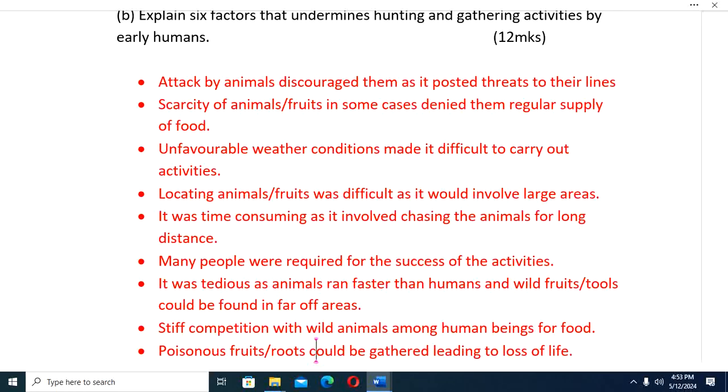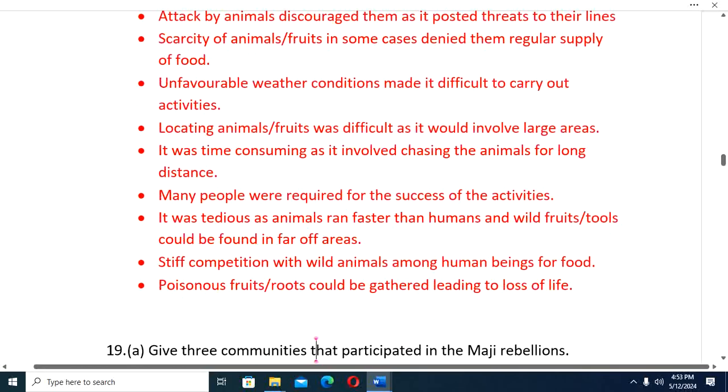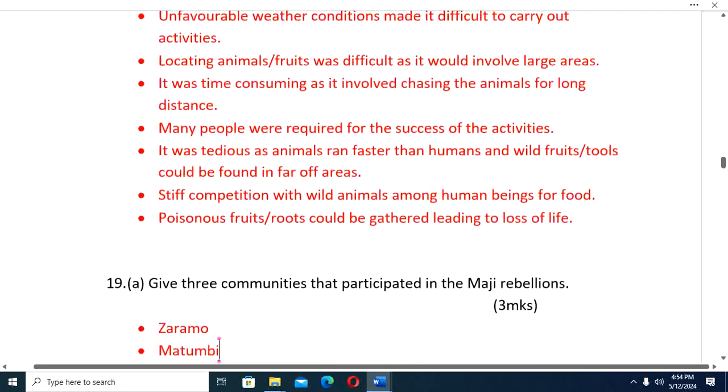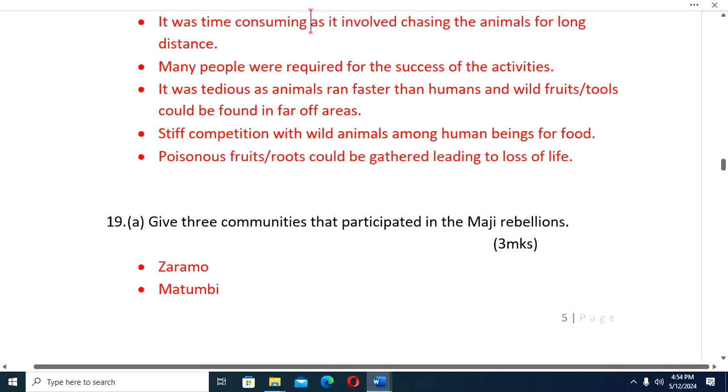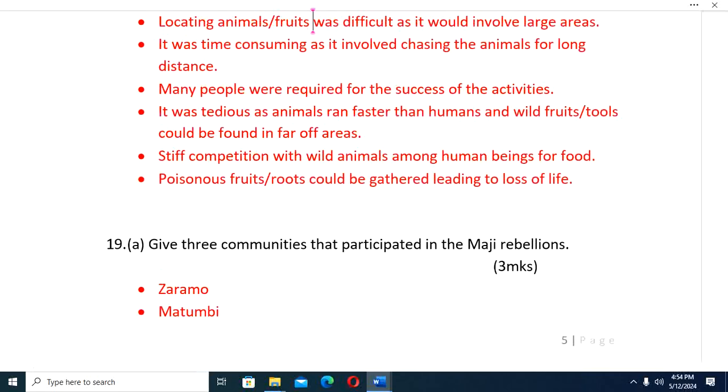Next, many people were required for the success of the activity. So if they were few, they could not get an animal, or gather enough fruits or vegetables for them to consume.